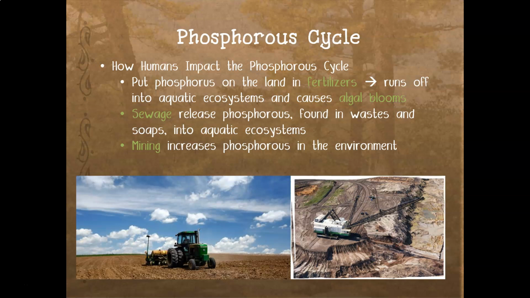And so you can get an overabundance of the phosphorus by mining the rock into the neighboring ecosystems, and there's just not enough plant life to absorb it all. And so you end up with the same problem. It gets run off into aquatic ecosystems, and we create those algal blooms all over again.